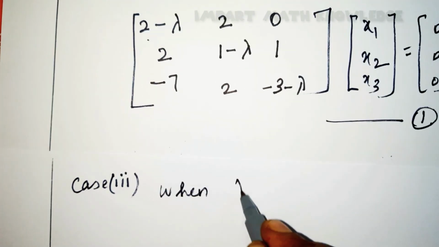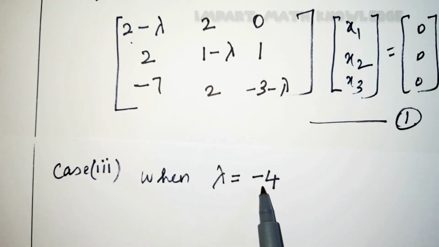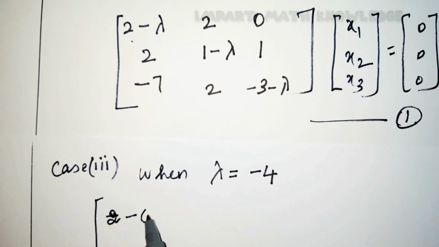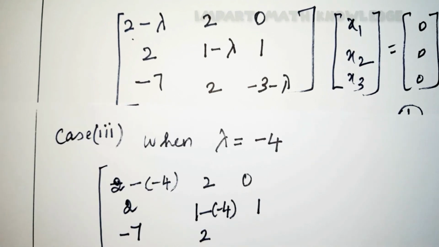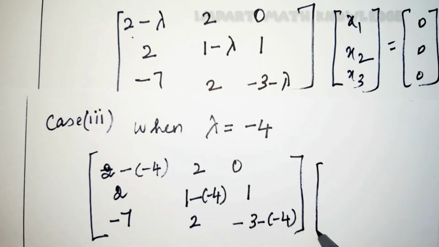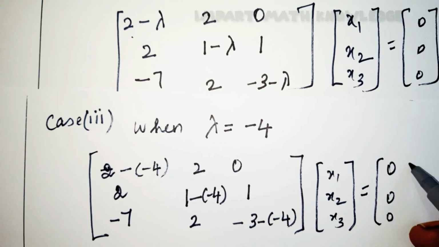When lambda is equal to minus 4, substitute lambda equal to minus 4 in equation 1. We get [2 minus of minus 4, 2, 0; 2, 1 minus of minus 4, 1; -7, 2, -3 minus of minus 4] times [x1, x2, x3] equal to [0, 0, 0].